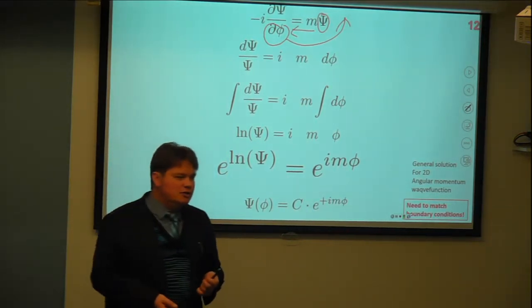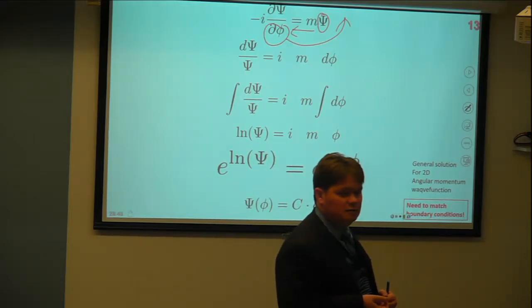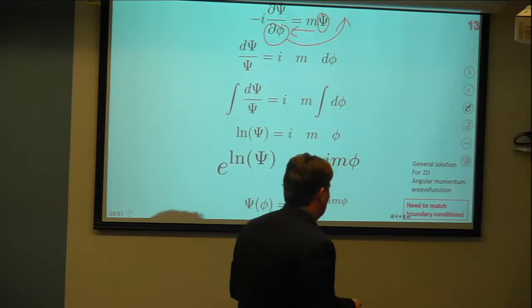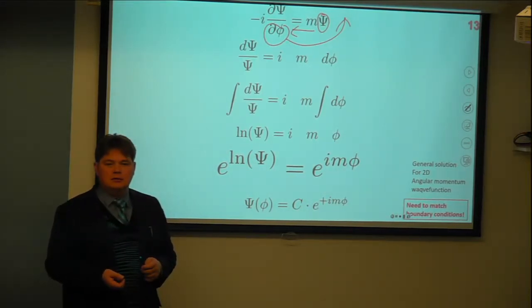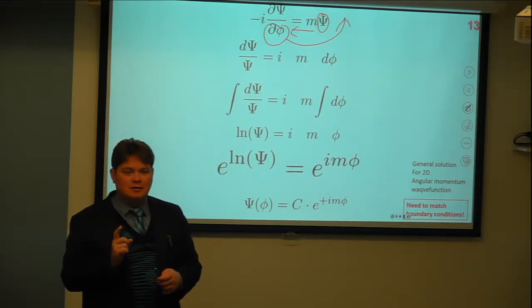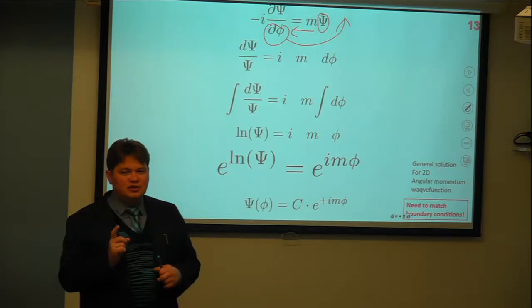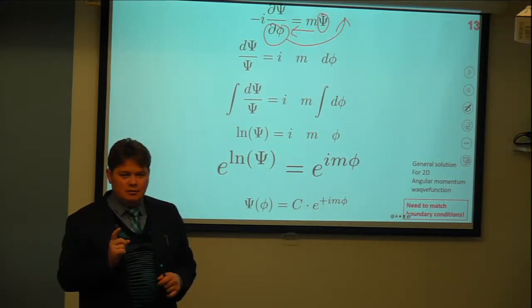Are we done? Do we have the wave function for the two-dimensional rigid rotor? Why not? We only have the general solution, we don't have our boundary conditions. Perfect. Boundary conditions, and what else? Initial conditions if we propagate forward in time. But here, boundary conditions and something else.